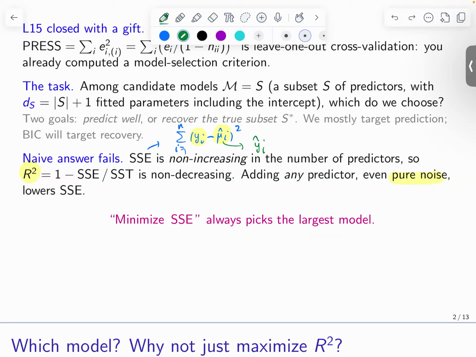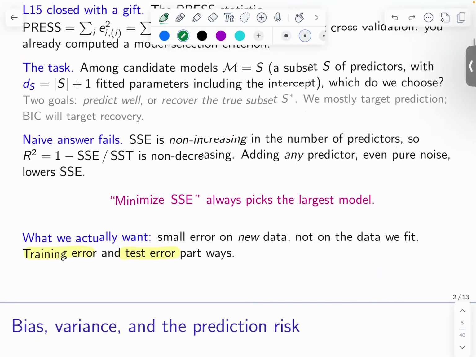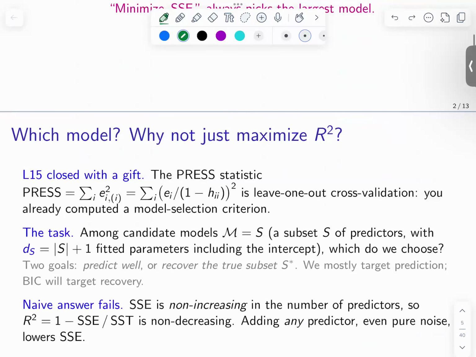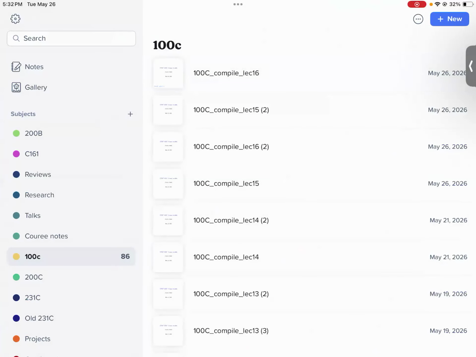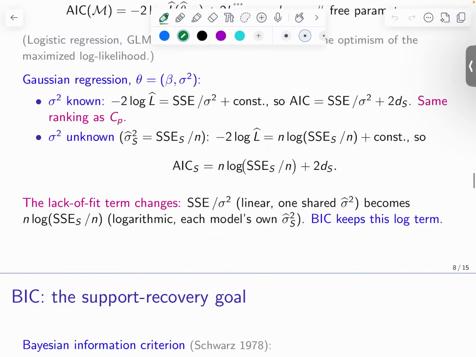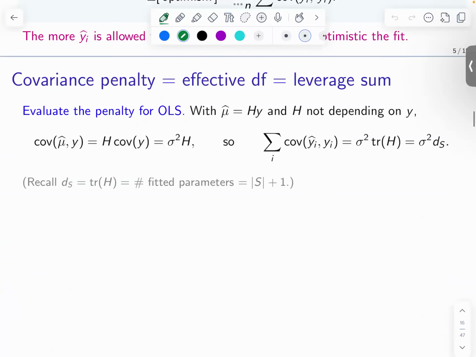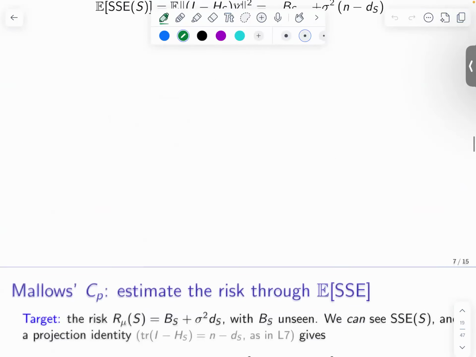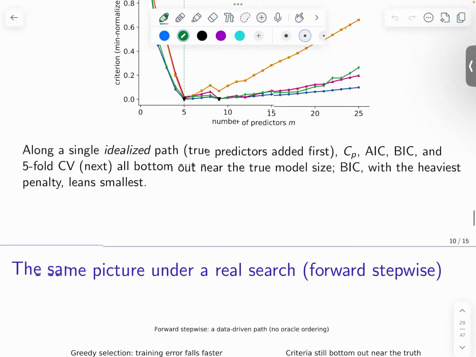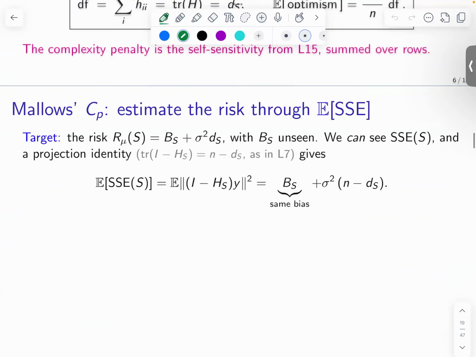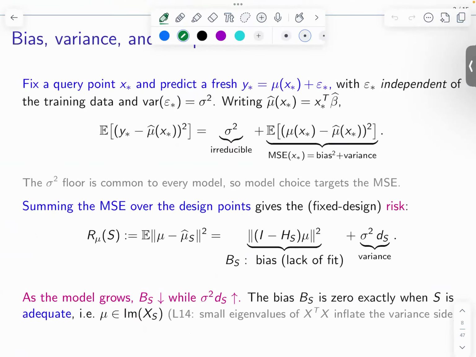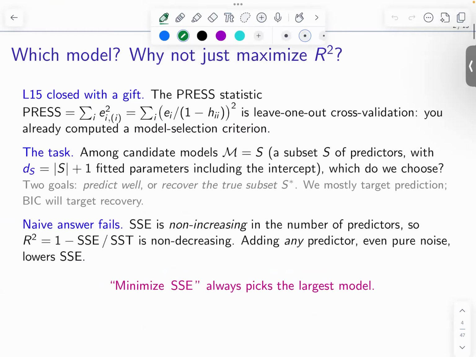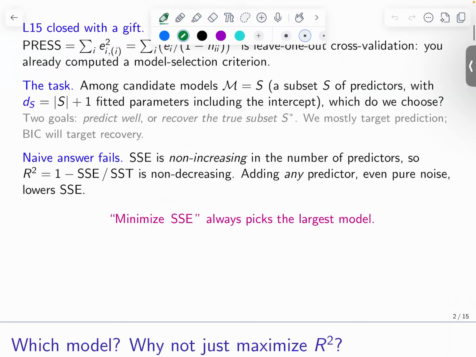The first thing to note, which we have already noted, is that the SSE is not a good measure.